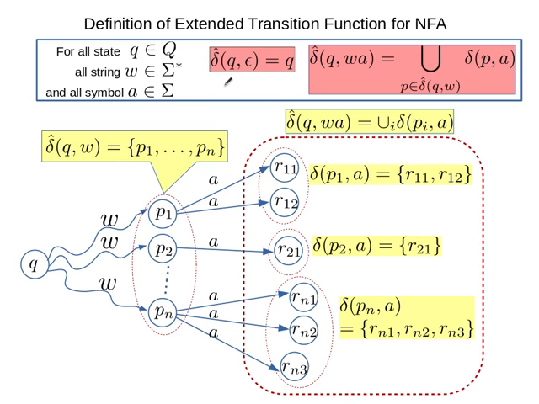So we formally defined the delta hat using these equations. So again, this is a function which takes a single state and a string and then gives you a set of states, right? The states that it can reach on this string starting from this state.